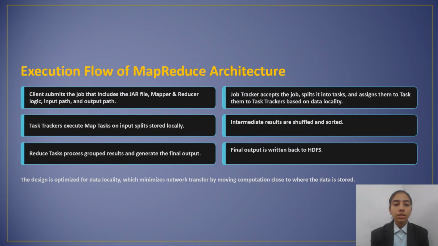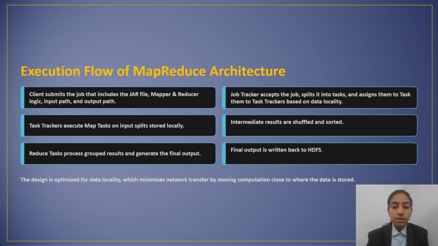Now coming to the execution flow of MapReduce architecture. First, the client submits a job. This job includes the input path, output path, and the mapper and reducer logic, the code that will process the data. Next, the job tracker divides the job into smaller tasks and assigns them to different task trackers, workers in the cluster.